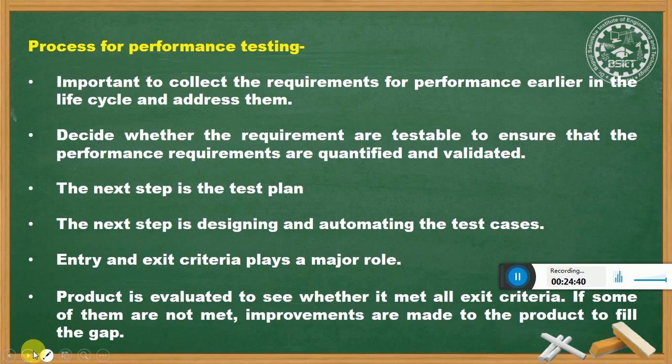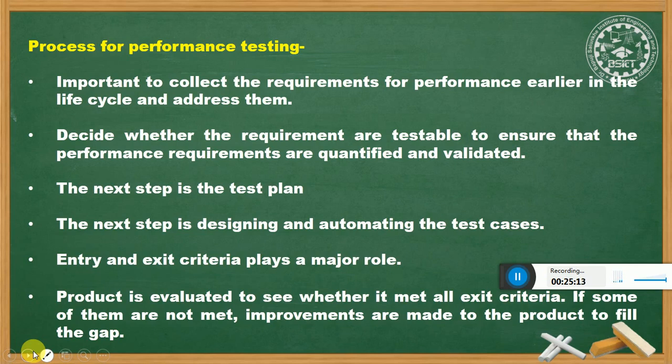So while going for performance testing, as a part of this process, we have to decide which requirements are testable and to ensure that the performance requirements are quantified and validated. After this, requirement testable and measurable, which is the first activity.